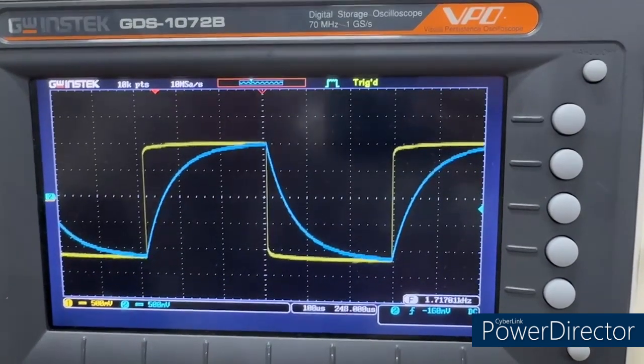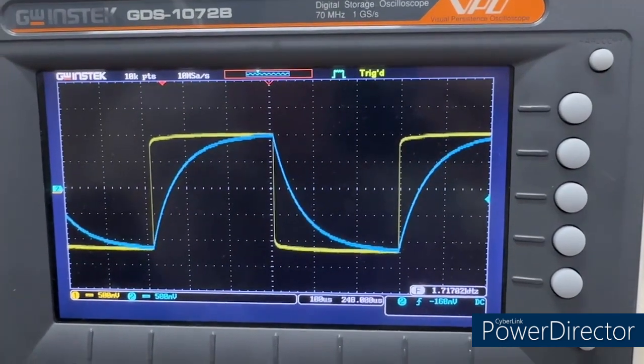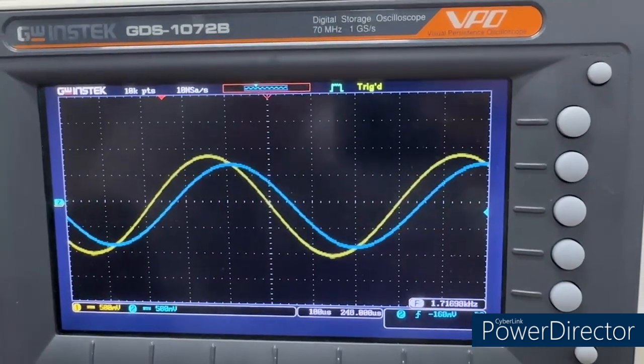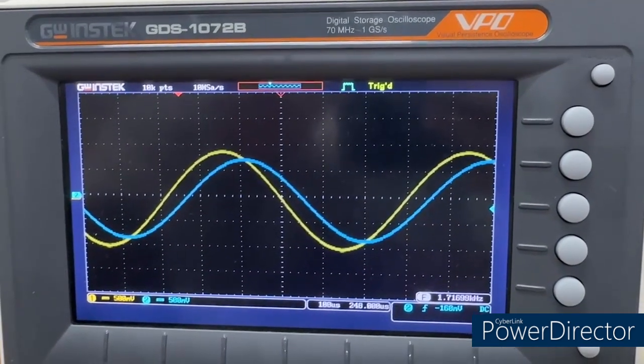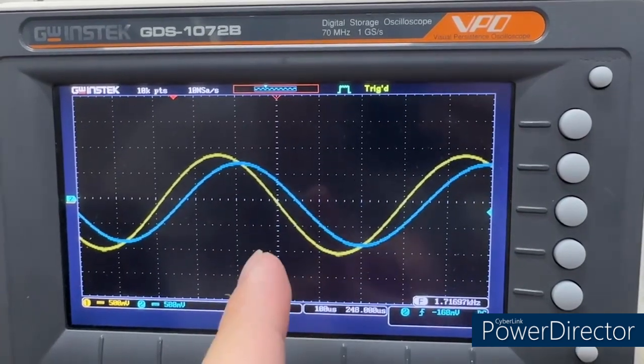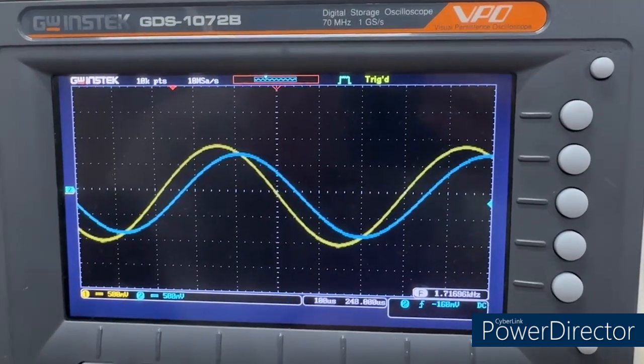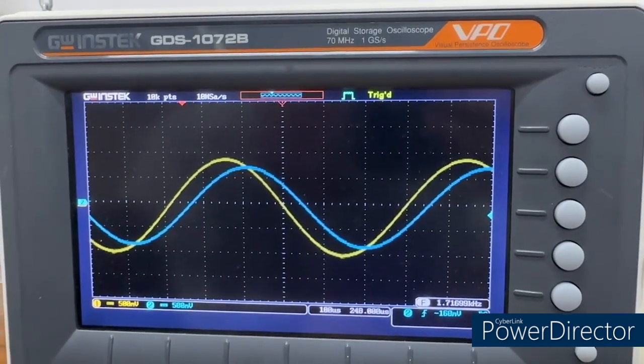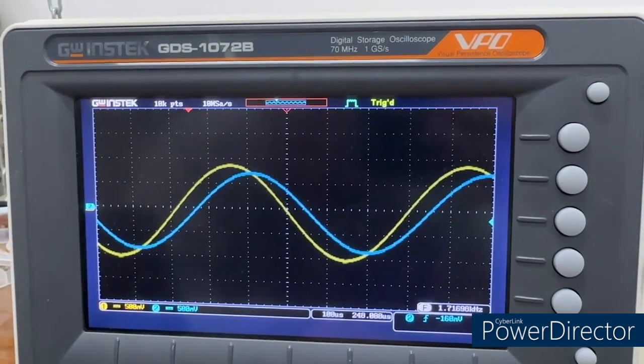Okay, so now we change the square wave to a sine wave, and this is how the charging and discharging look. Here the yellow one is the input signal, and the blue one is the signal of the RC circuit.